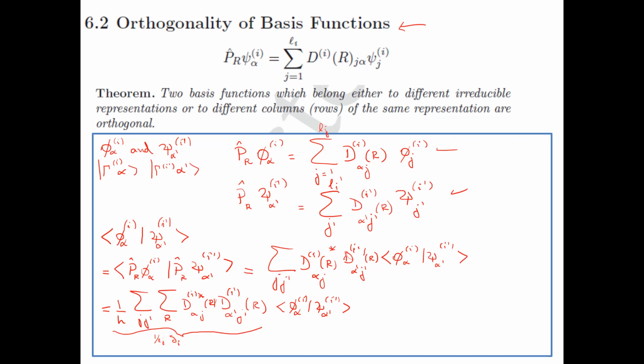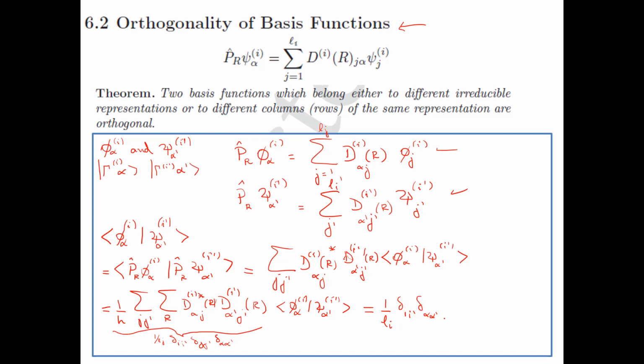So delta I prime, delta j prime, and delta alpha prime. So this is equal to 1 over Li delta I prime delta alpha prime.